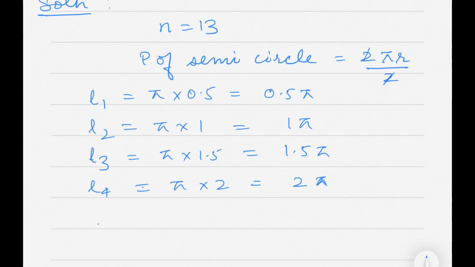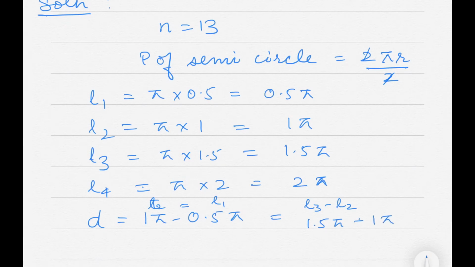Now I can find out the common difference, right? So d is equal to 1 pi minus 0.5 pi, so second term minus first term, L2 minus L1, and then I can take L3 minus L2 also, so that would give me 1.5 pi minus 1 pi.